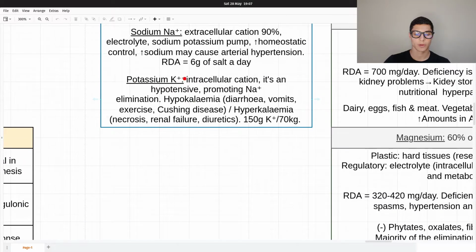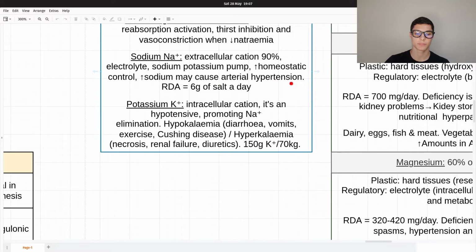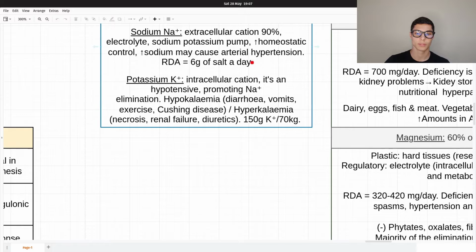Potassium, on the other hand, is an intracellular cation. It's hypotensive, so if we have problems with hypertension, taking potassium will lower that hypertension because it promotes sodium elimination. Hypokalemia is due to diarrhea, vomiting, maybe too much exercise, or Cushing disease.